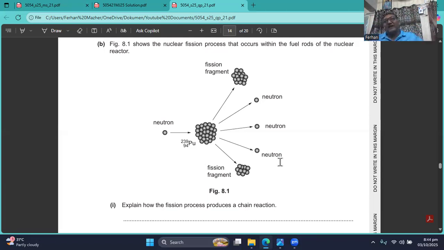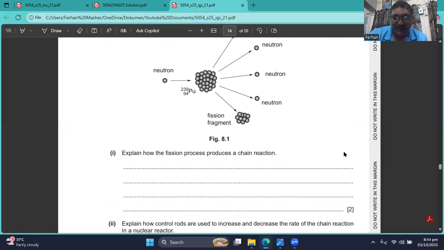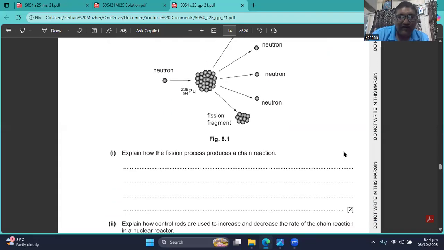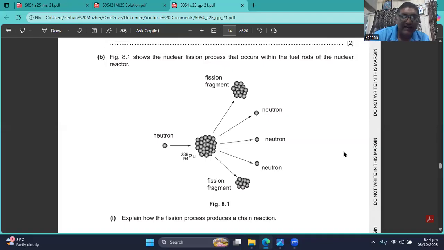And from those 9 atoms' fission, 27 neutrons will be formed, and this process will become a chain reaction. Their question is, explain how the fission process produces a chain reaction. It's a 2 marks question, and there are 4 lines given for the answer.